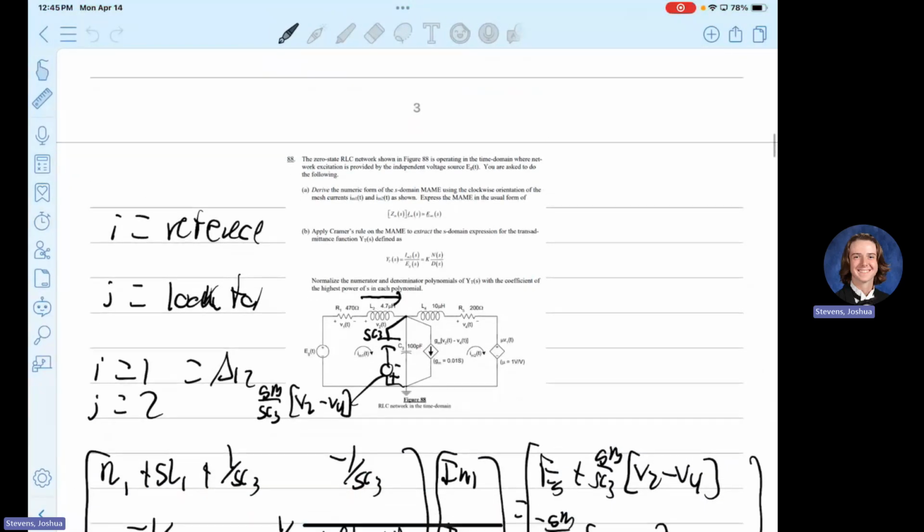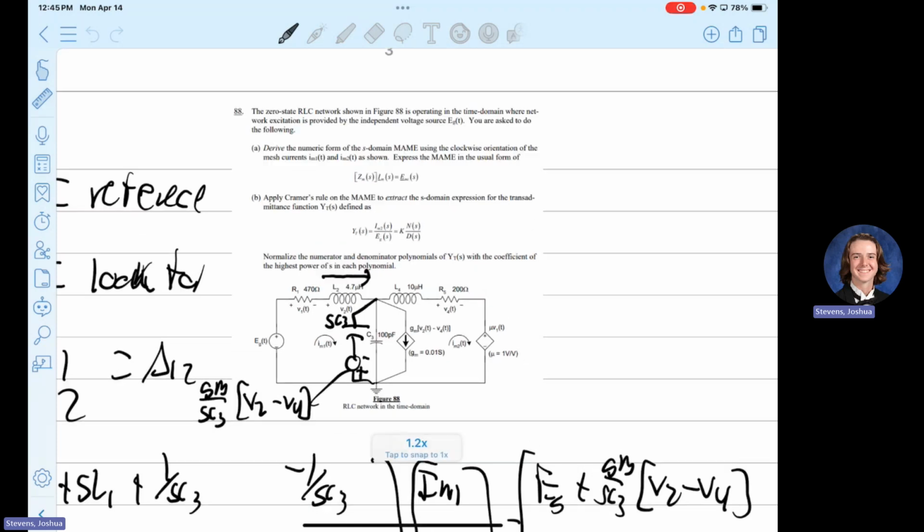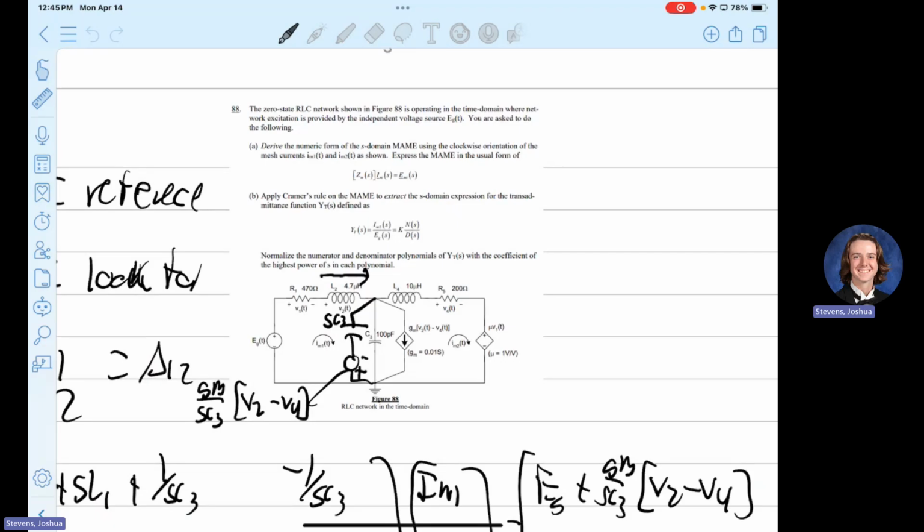So specifically, if it's IM1, then it's reference 1, mesh 1. And if it's IM2, then it's reference 1, mesh 2, because everything is based off of where the reference is at. And if our reference source was over here, then it would be 2, 1 or 2, 2, depending on what you're looking for. So hopefully that helped.